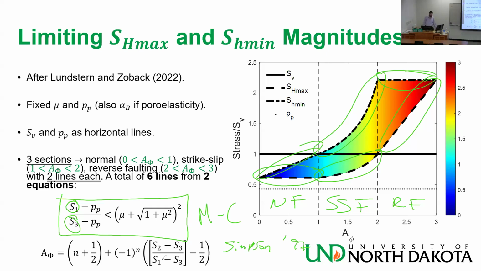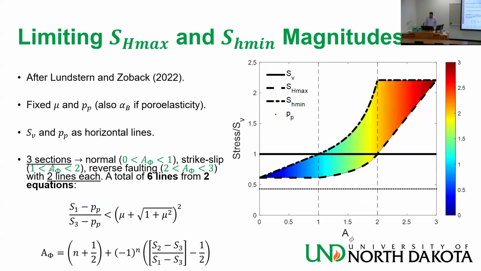And for reverse faulting, S1 is SHmax, S2 is SHmin, S3 is SV. Be very comfortable with this stuff. It's the most important thing for that second exam, I would say.